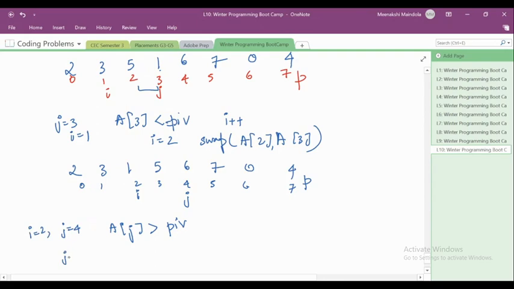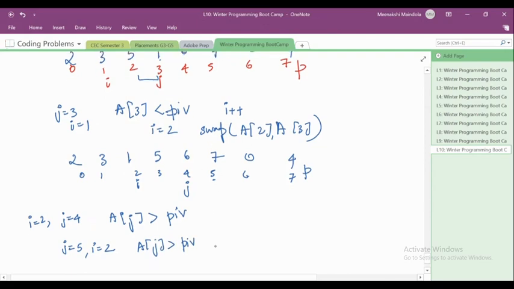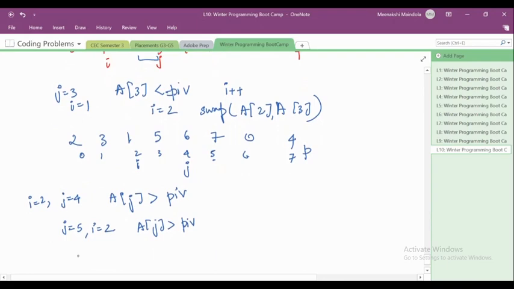So, you increment the value of j, it now becomes 5, i is at 2. So, again, you compare a of j. a of j is again greater than the pivot element. So you do nothing and you again increment the value of j, i is at 2 only.